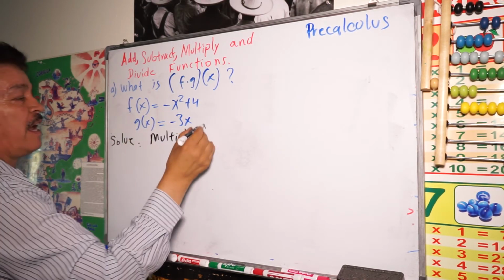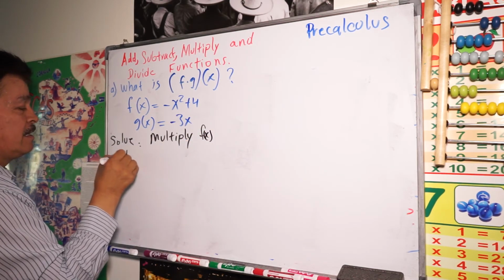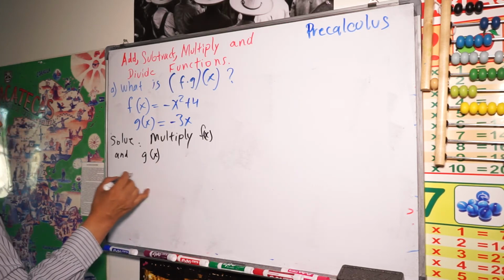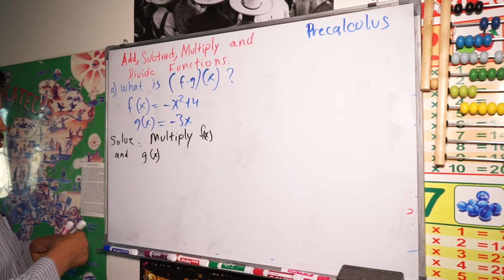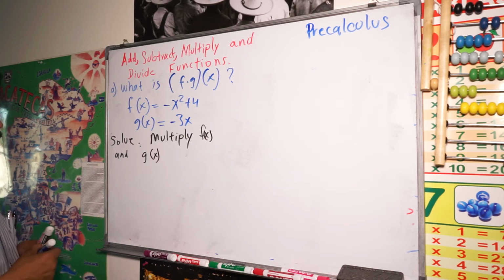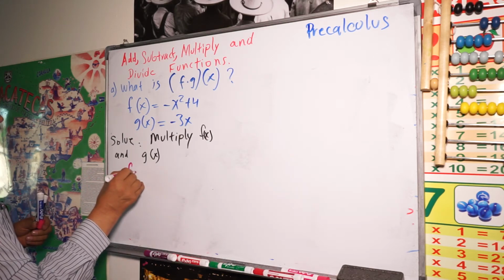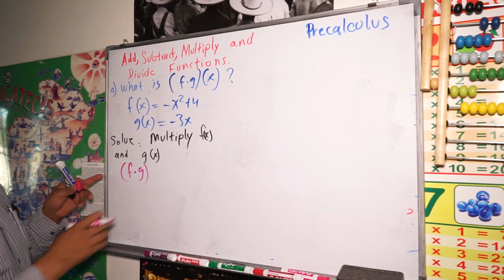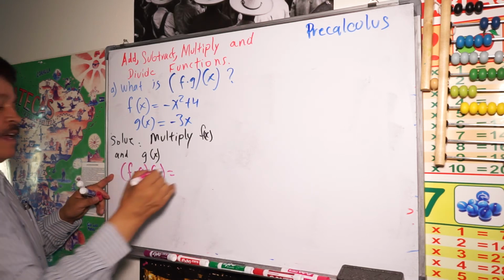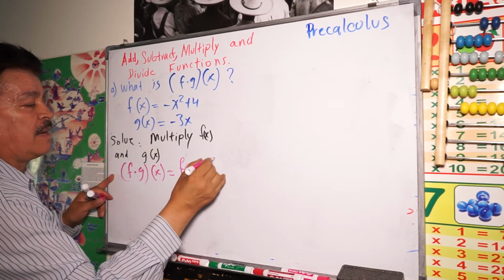This is multiplication, f(x) and g(x). So we substitute: (f times g)(x) equals f(x) times g(x).